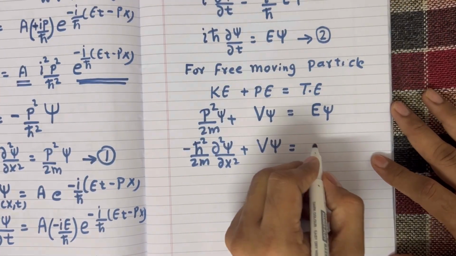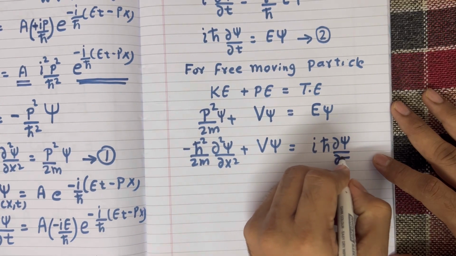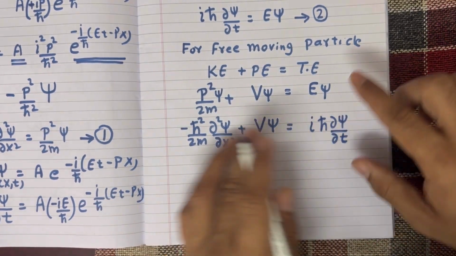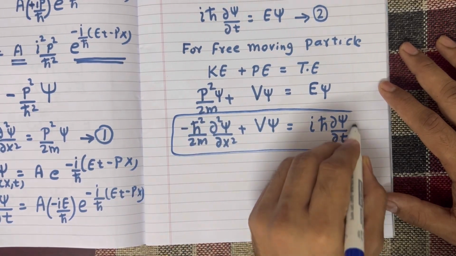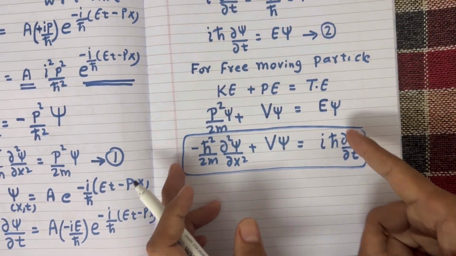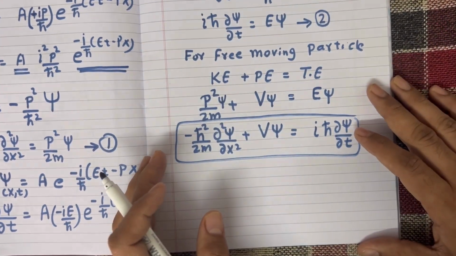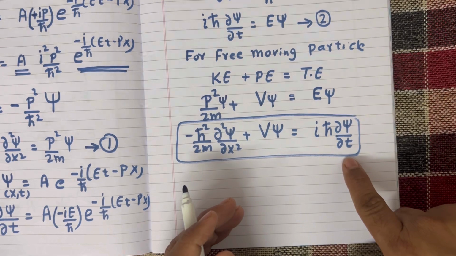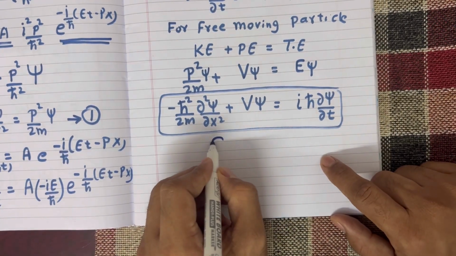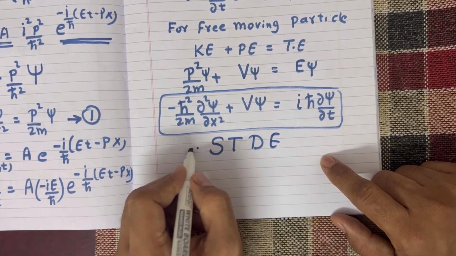This equation, can you see? This equation we got from simple energy conservation. It is actually based on conservation of energy. It is called Schrodinger's time-dependent equation, because here the time term is there.